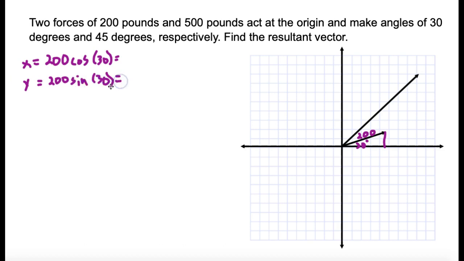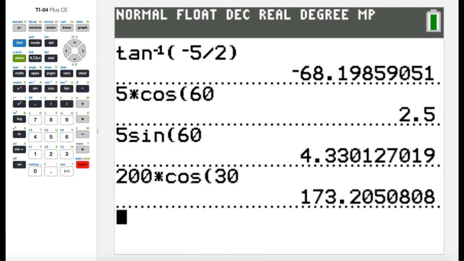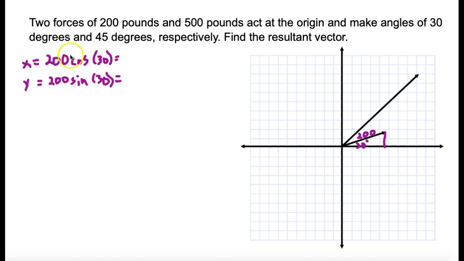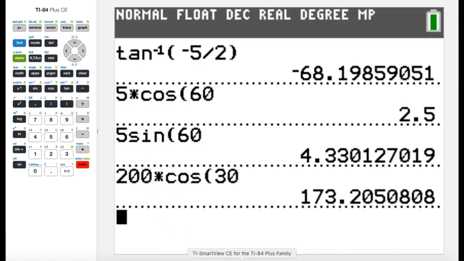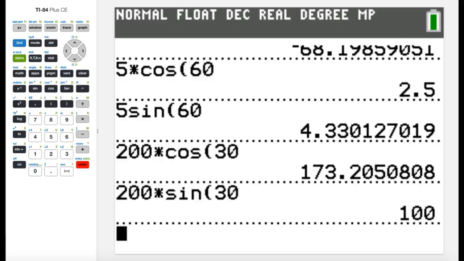So let's put both of those into the calculator. 200 times the cosine of 30, 173.2. And 200 times the sine of 30, is 100.